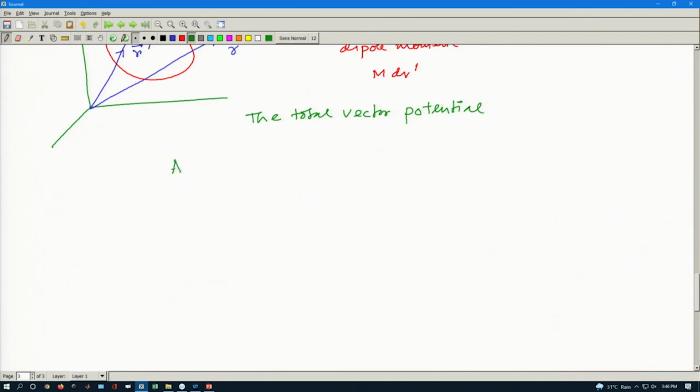So, I have A produced at some point r is mu 0 divided by 4 pi, and then integrate over the entire volume, where the small element has the dipole moment as m cross r unit vector divided by r square, dv prime. That should be the total.